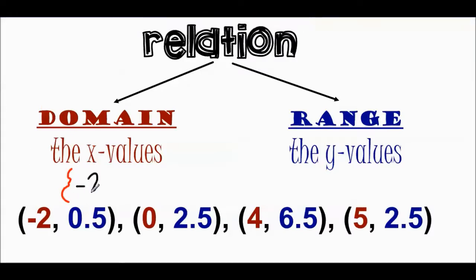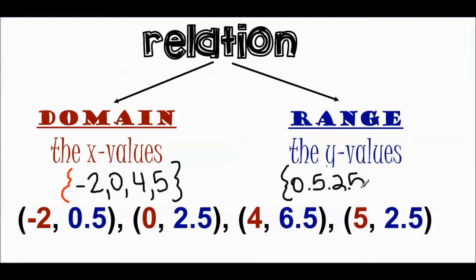The domain would be -2, 0, 4, and 5. And then the range is 0.5, 2.5, 6.5, and 2.5. That is the set of the range, which is all the y values.